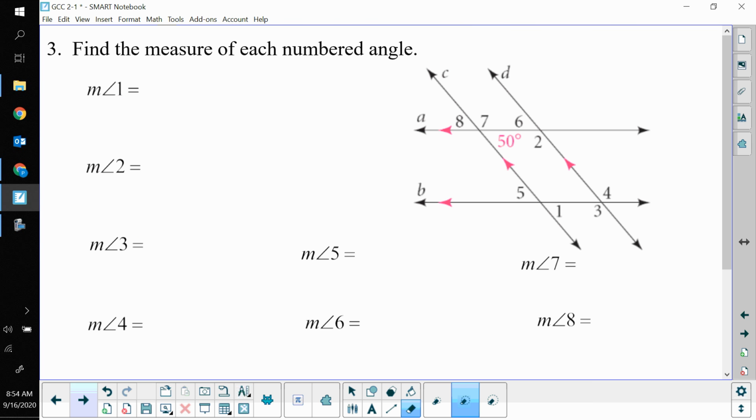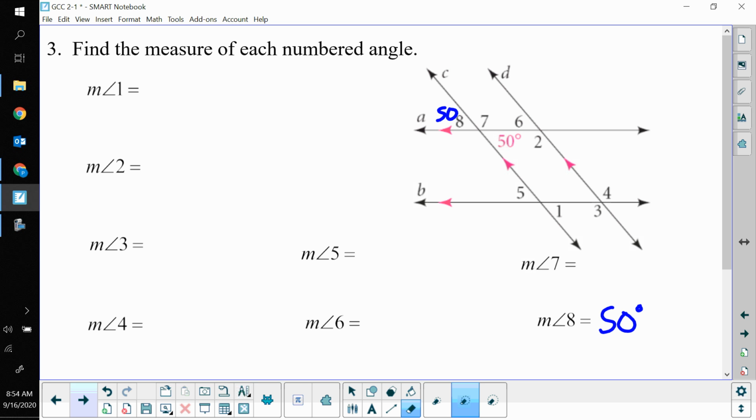All right, going to page 3 and looking at question 3, we want to find the measures of all the angles. So we're given the 50. So in that intersection where the 50 is, I'd say start working with vertical angles and angles on a line. Vertical angles are equal, so we know this 8 would have to be 50 degrees.